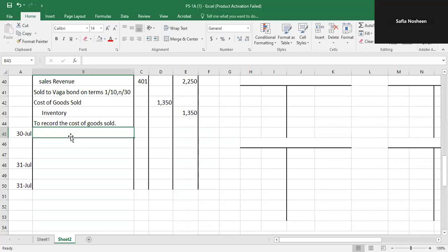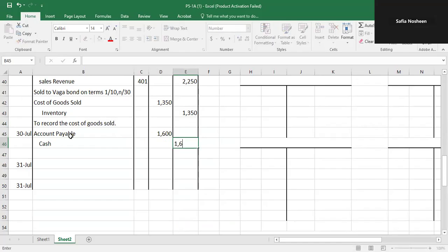So account payable was 1900 minus 300, 1600, and we paid them the full amount.